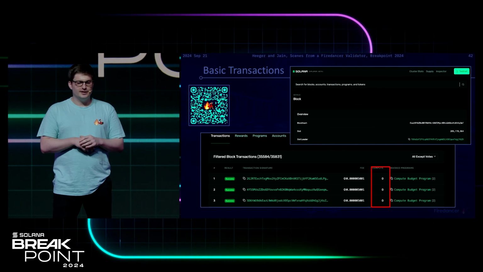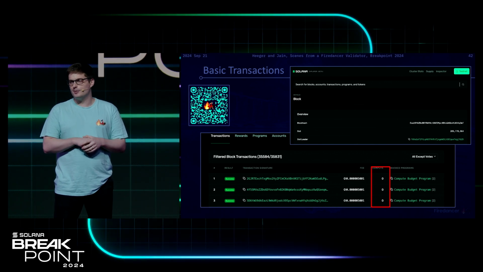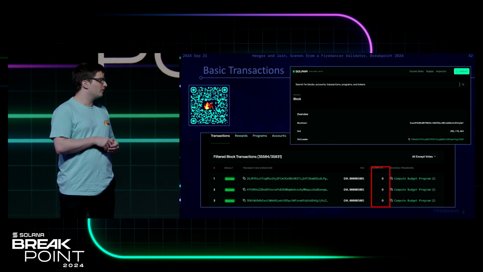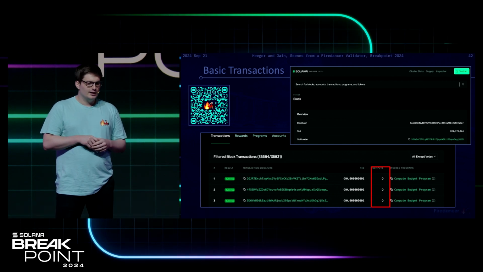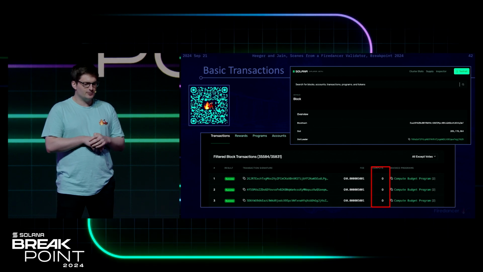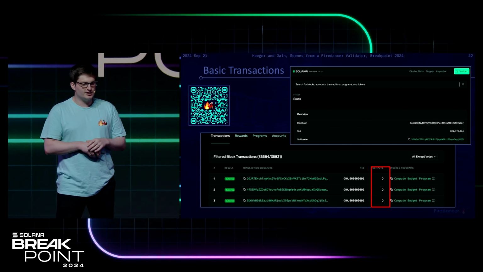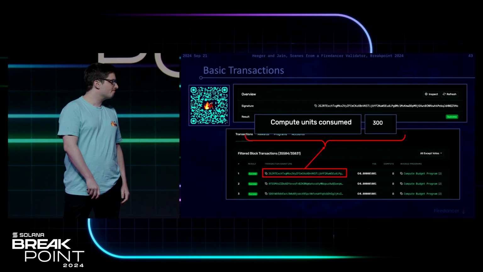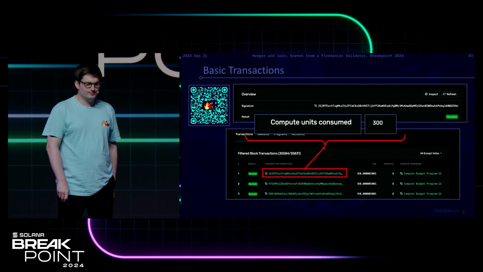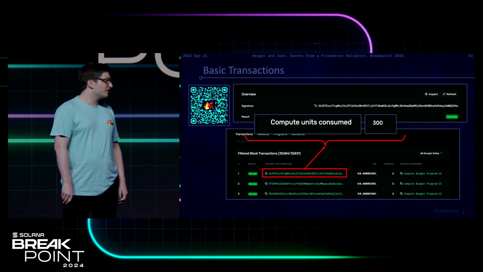Despite not doing anything, these transactions still consume some number of compute units. This is because these transactions still invoke the compute budget program twice. This block summary page only shows the compute units consumed by smart contracts, not the total for the transaction. So let's look at one of the transaction detail pages. And as you can see, the transaction consumed 300 compute units, 150 for each compute budget instruction.